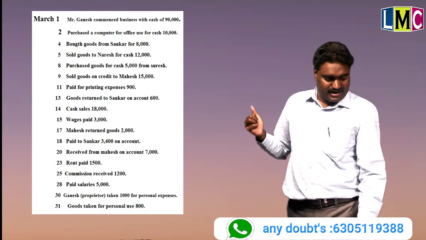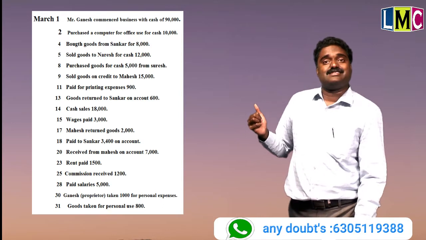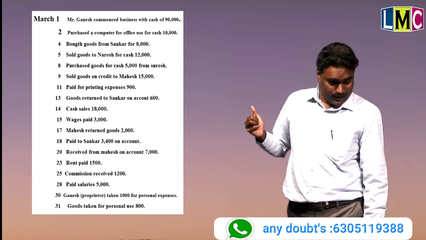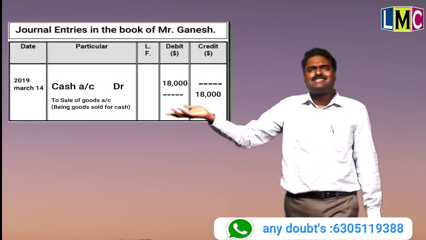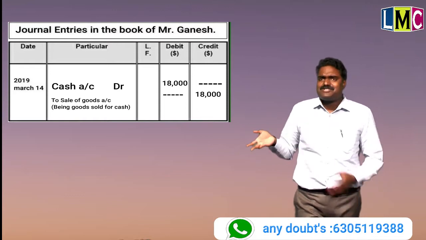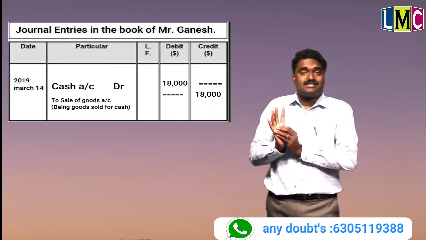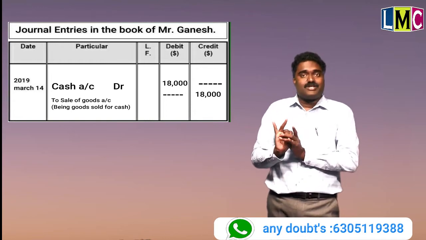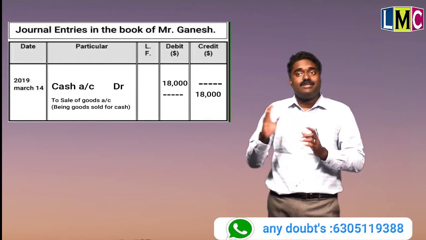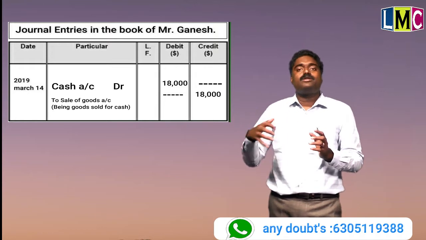What is the 14th transaction? Cash sales, rupees 18,000. What is a cash sale? We can't sell cash, right? So as I told earlier, purchases, sales, purchase returns, sales returns, these are the things where we include goods.